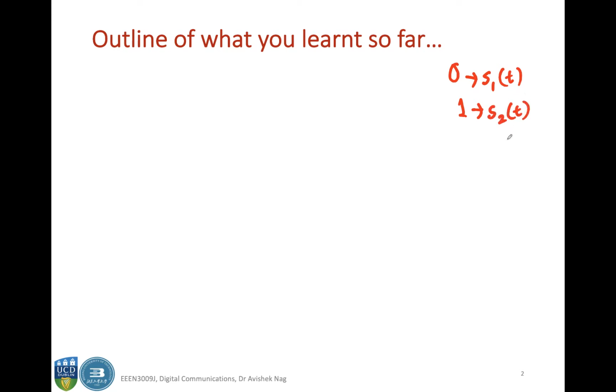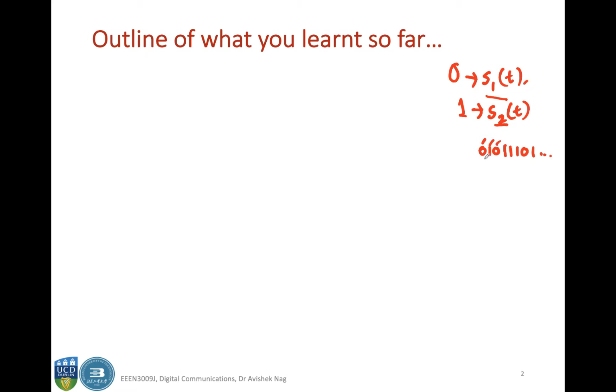Now let's say you have a random binary stream of data. Earlier you were sending bit by bit: when you were sending a 0, you were sending S1, when there was a 1, you were sending S2, again 0, you were sending S1, and so on.